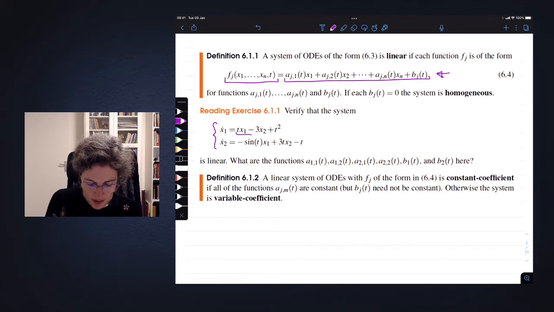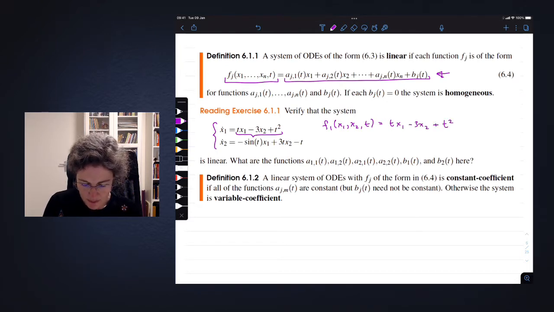Our f1 of x1, x2, t is equal to t x1 minus 3 x2 plus t squared. And our f2 of x1, x2, t is equal to minus sine of t x1 plus 3t x2 minus t.